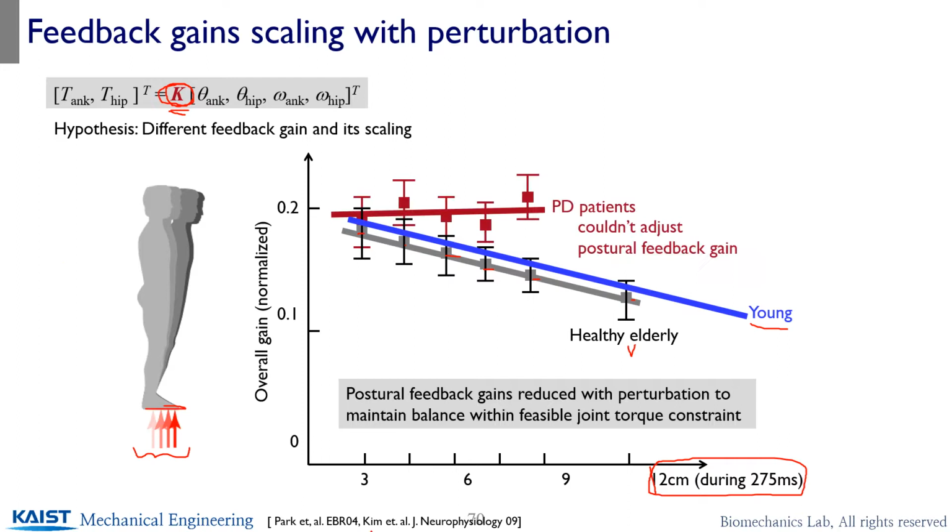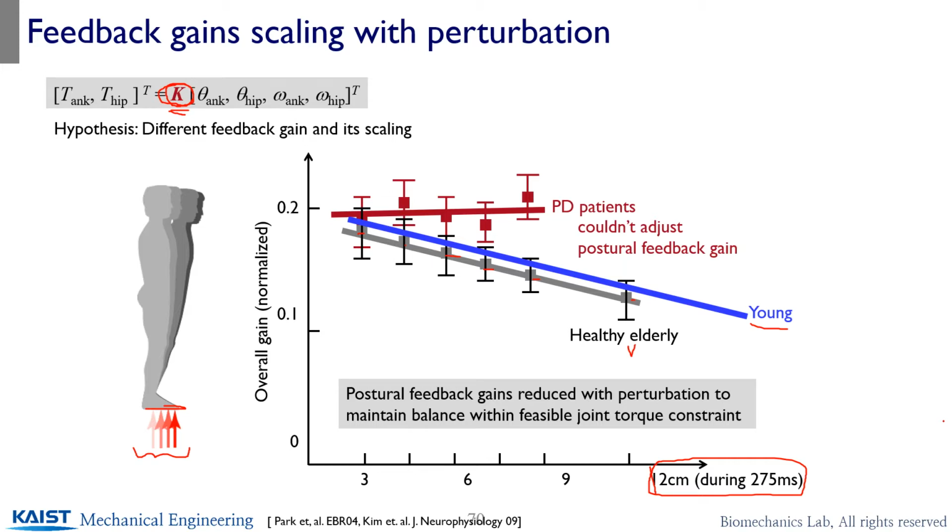And for the patients who have a problem maintaining balance, like Parkinson's patients, they show very, very stiff posture control, and they cannot scale their posture gain over the perturbation. That's the observation. So what that means is that the posture gain control function may be related to the part that Parkinson's disease has a deficit in.